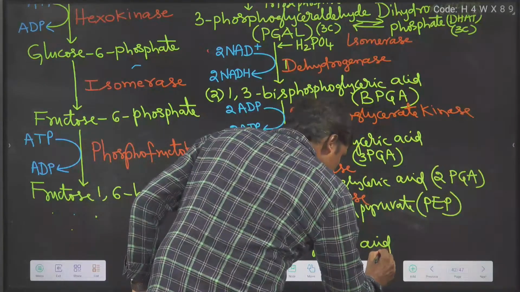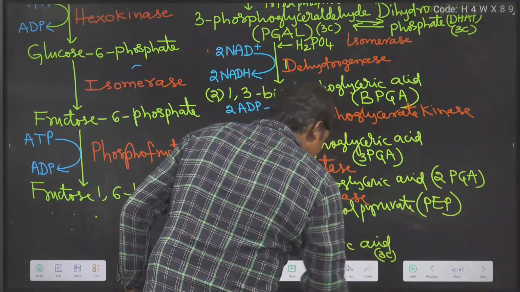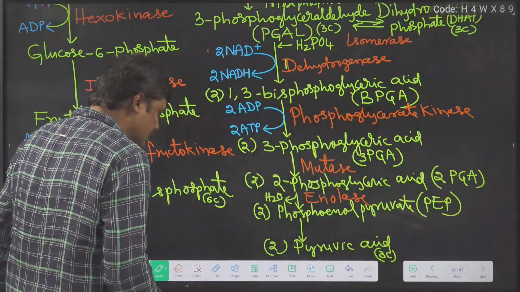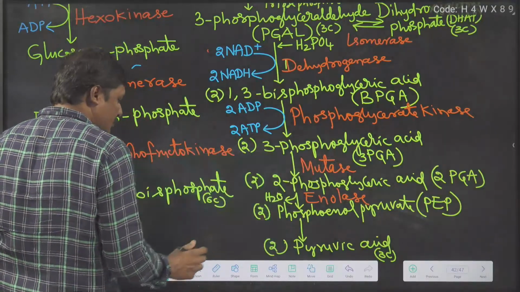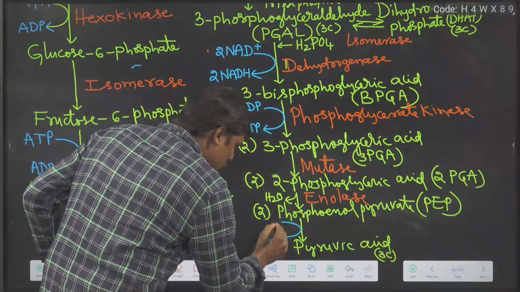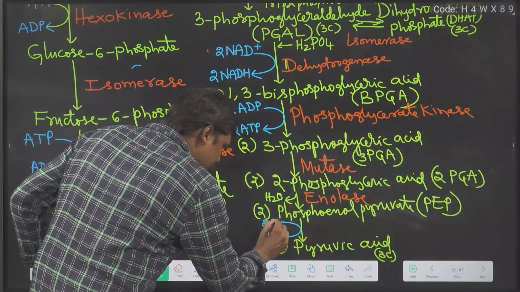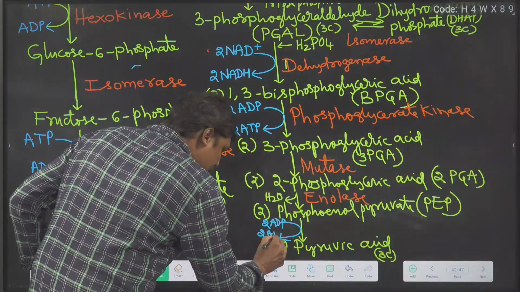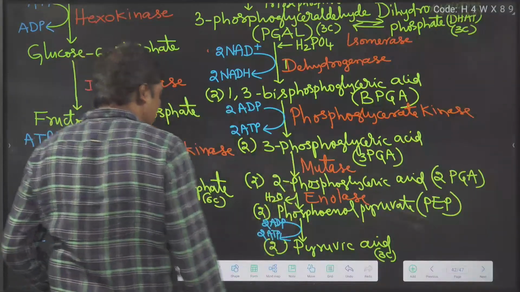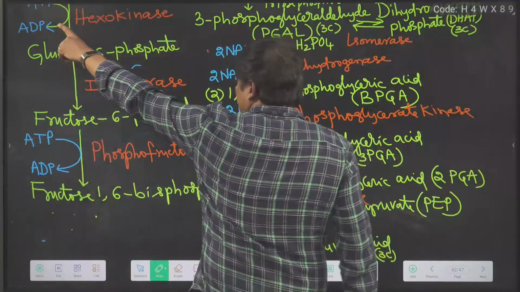a 3-carbon molecule. Here also, very important, 2 ATP are formed. Here 2 ADP becomes 2 ATP. Very, very important. In the first step, 1 ATP is used.